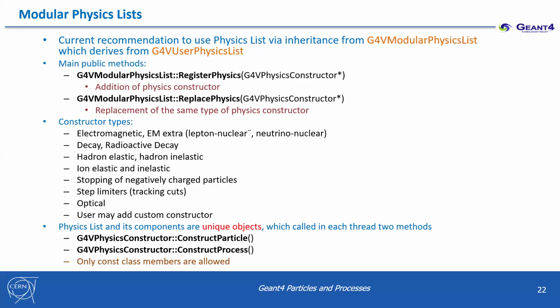You may have a look into the distribution, find it, and you may see how it is done. Of course, you may do by hand the same instantiation of radioactive decay. But why not use the prepared method?